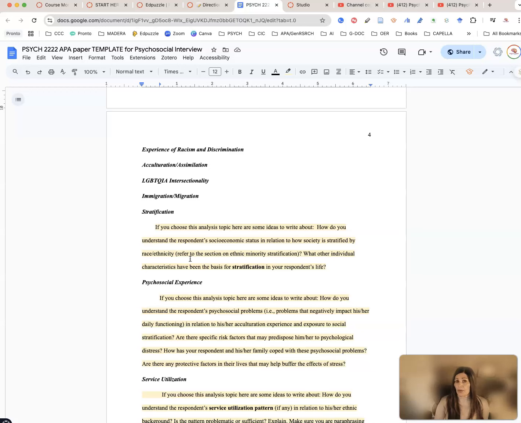You can use it in both. You just have to have 2 and they have to both be used in addition to the textbook for this section. Your other 2, because you have a total of 4 outside sources, are going to be used in another section, we'll talk about that, ethnicity comparison. Okay, so the textbook and 2 peer-reviewed empirical psychological studies in your analysis section.